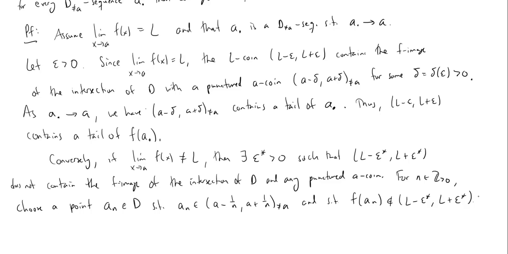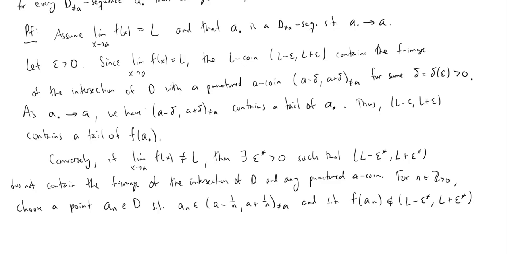Okay, so the previous line guarantees that this can happen. If I take any punctured A coin, right, intersect it with D, fine. All right, so I'm only looking now at points that are in D and in this punctured A coin. I know that there must be some point whose F image is not contained in this L coin. So I choose one of those points.